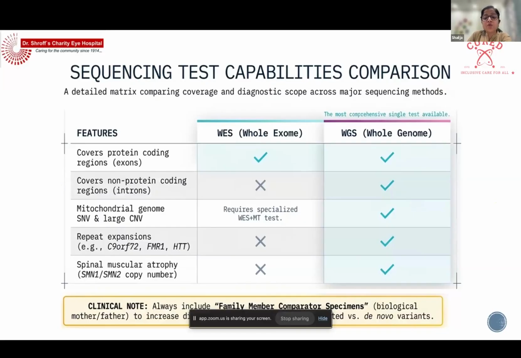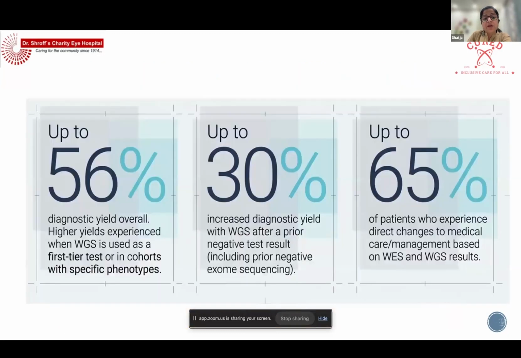It does not detect copy number variants, or deletions and duplications adequately as of now. Whole genome sequencing although covers all of these, but it is very expensive as of now. But incorporating whole genome sequencing, or doing it sequentially after WES, can increase the yield of your genetic test overall.